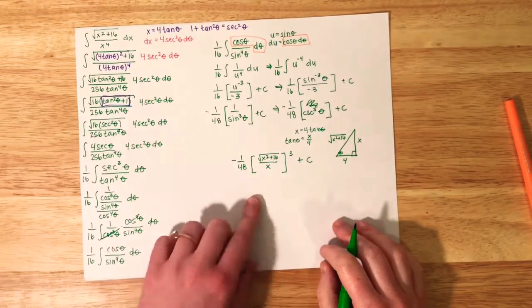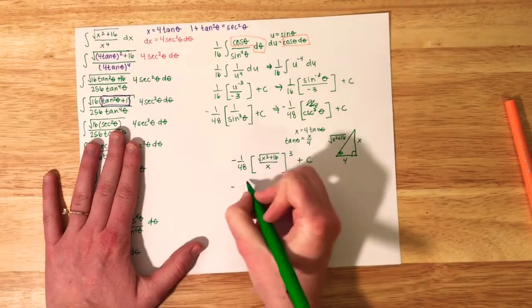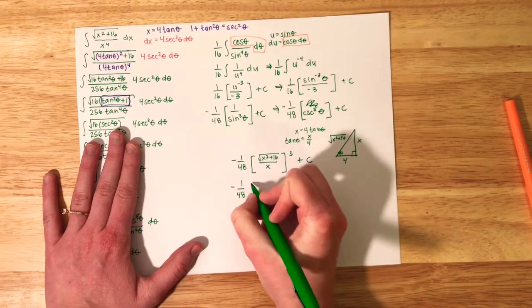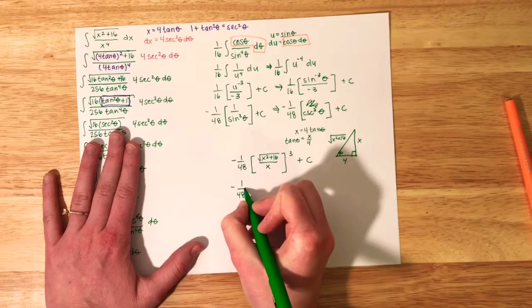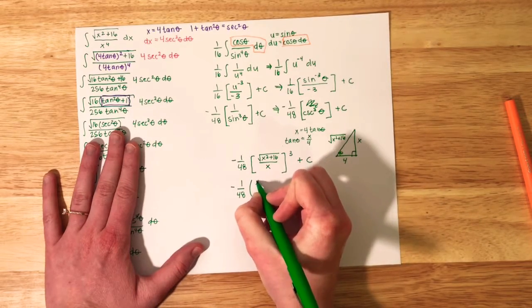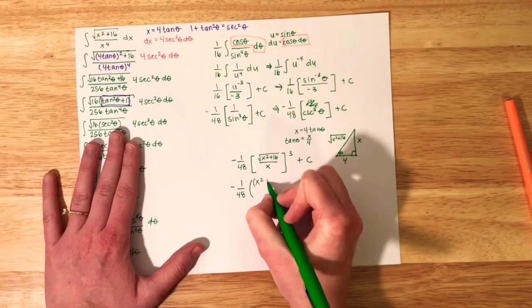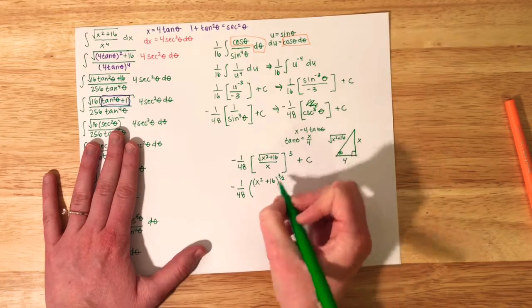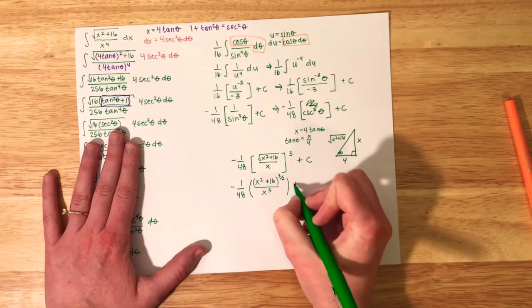All right, and if you wanted, you could further simplify this to be negative 1 over 48 times x squared plus 16 to the 3/2 over x cubed plus c.